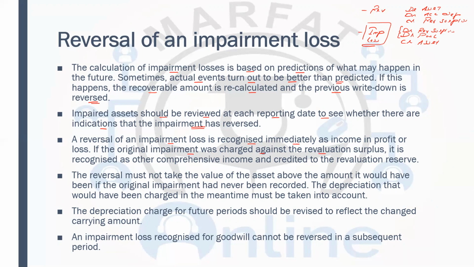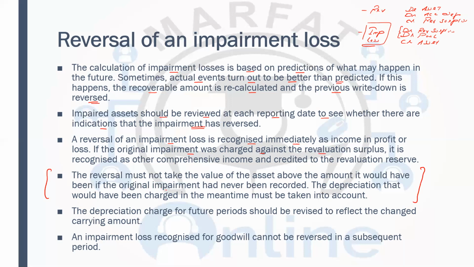Now, the main thing which you need to understand is the amount of the reversal. The standard has a specific guideline regarding that. First of all, I'm going to read these lines, and you will be able to understand them with the help of an example. Without an example, I don't think you will get the idea.